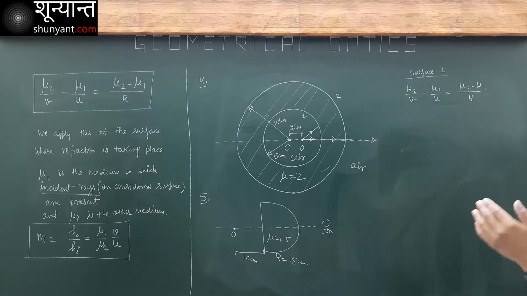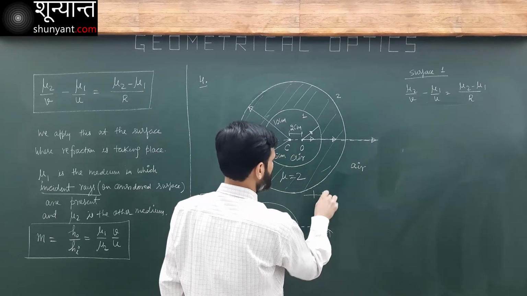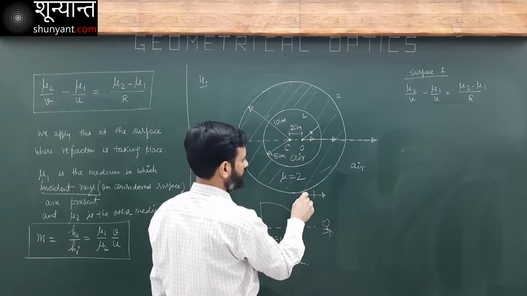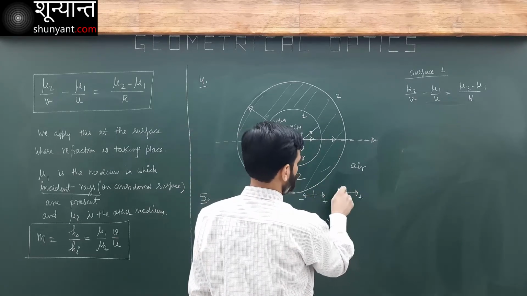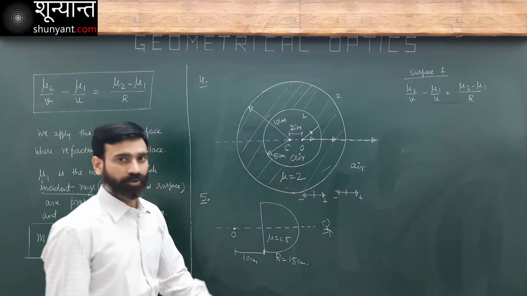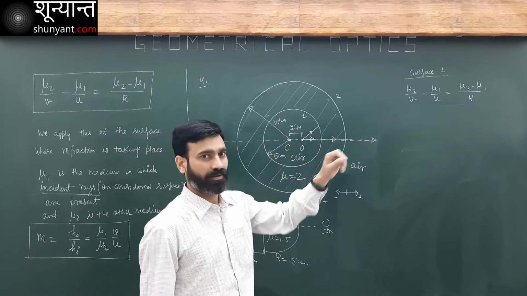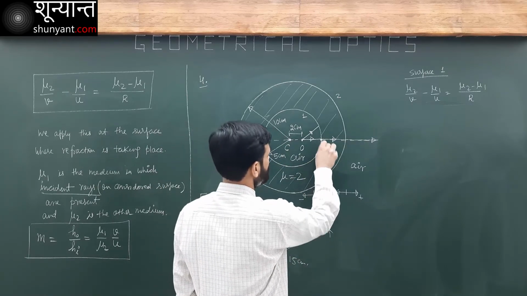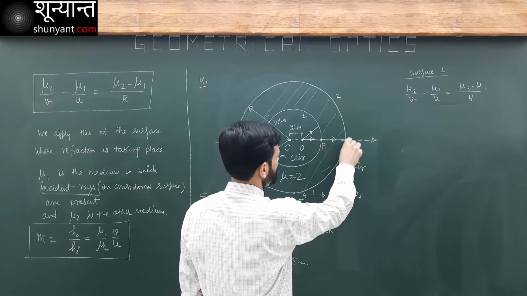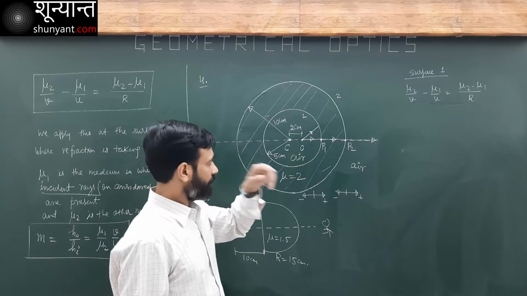For both surfaces, what will be the sign convention? Light is going towards the right. So for both surfaces, it is going to be the same. From this pole, this is the pole of the first surface, this is the pole of the second surface, the refracting surface.